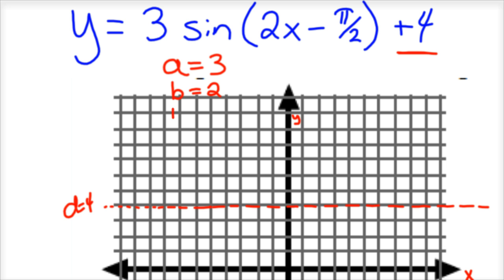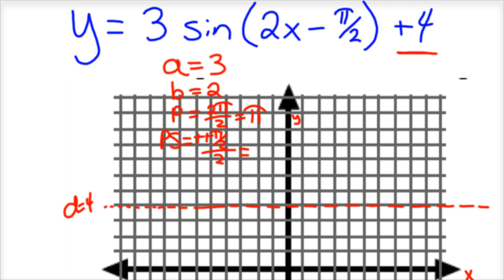Your period is 2 pi over 2, which would just be pi. And your phase shift, which I call PS, is negative, in our case, a negative pi over 2 over 2, which makes it positive, so I'll knock that out. Two negatives make a positive.